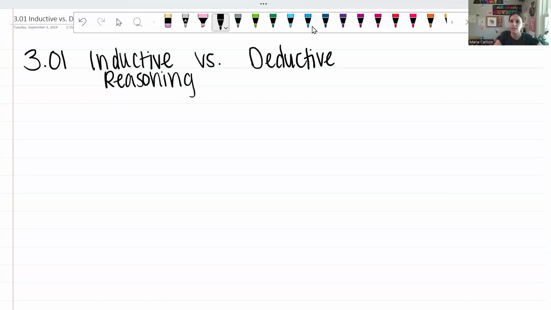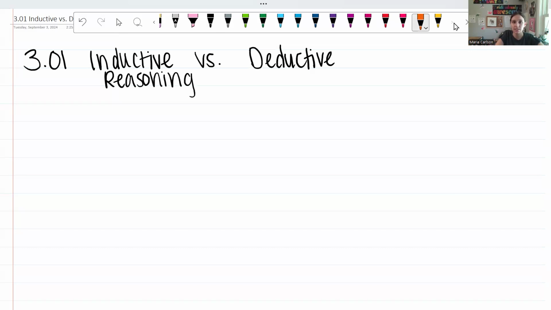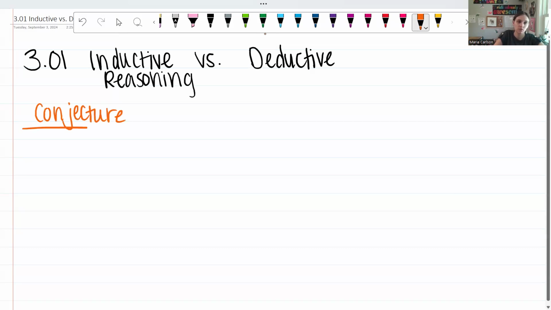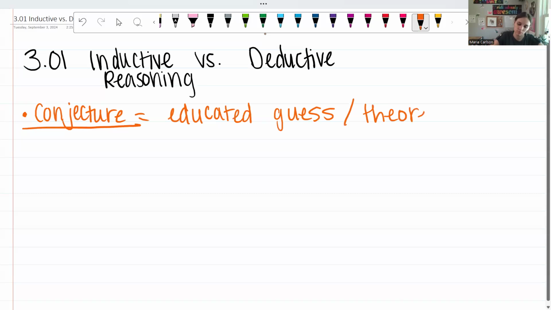So we are going to begin Unit 3 talking about proofs and arguments. The first thing I want to discuss is what is a conjecture. A conjecture is essentially an educated guess, or a theorem, that has yet to be proven.